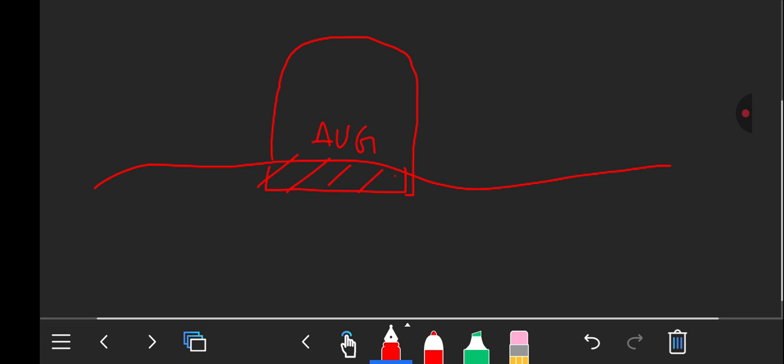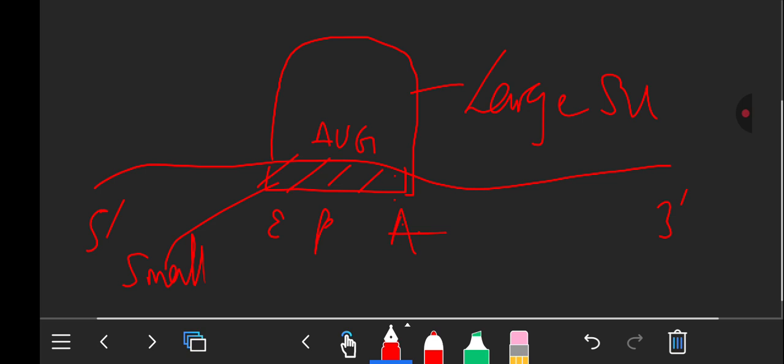So we have the E site, the P site, and the A site there. This is 5' to 3'. This is the large subunit, and this is the small subunit.